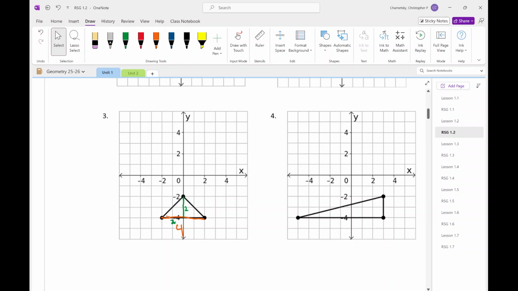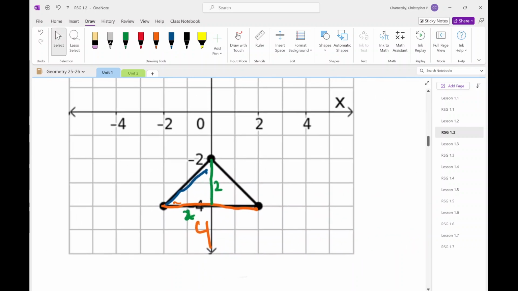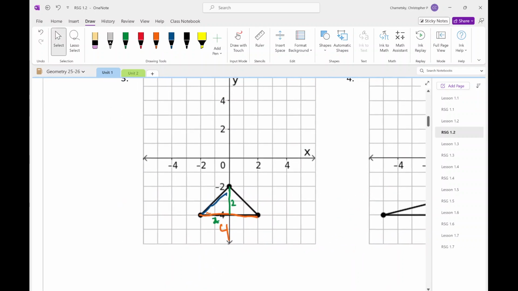And if we plug that into Pythagorean theorem on this triangle on the left here, we end up with 2 squared plus 2 squared equals x squared. And 2 squared is 4.